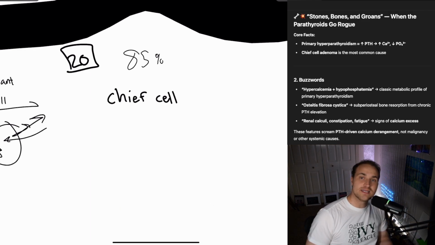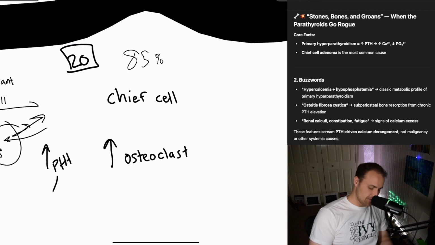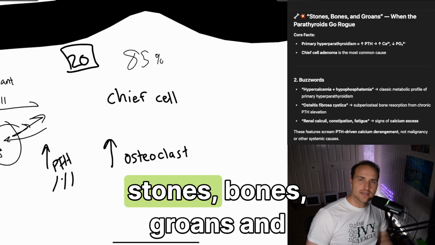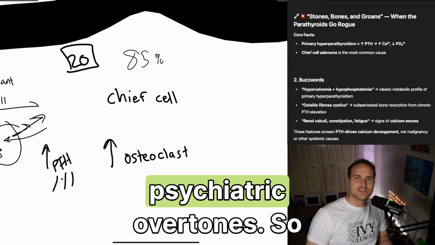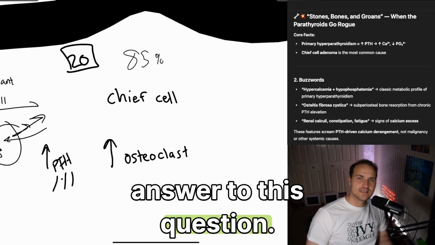And so excess PTH revs up osteoclast activity. That dumps your calcium into the blood, and that promotes renal calcium reabsorption, and it dumps the phosphate out. PTH, phosphate trashing hormone. And so you get stones, bones, groans, and psychiatric overtones. So it's going to be a parathyroid adenoma is the answer to this question.